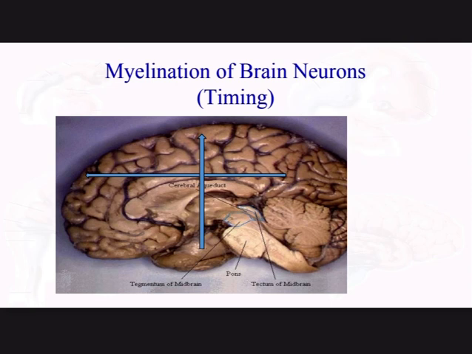طيب, myelination of the brain, the timing. I'm not going to talk about the timing, but I'm just going to show you the direction. Direction usually from here to here.